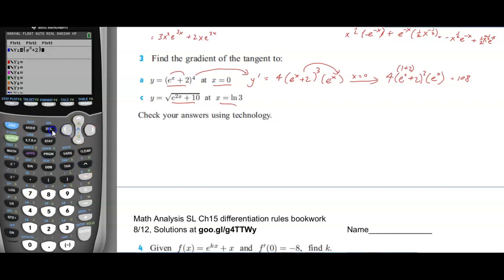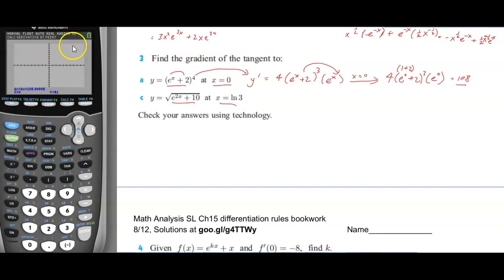And then I'm going to do second calc dy/dx, number 6. And then I'm going to type in 0, enter. It's still graphing. 0, enter. And it says the derivative is 108. Ah, that's what I got. Perfect. Okay.